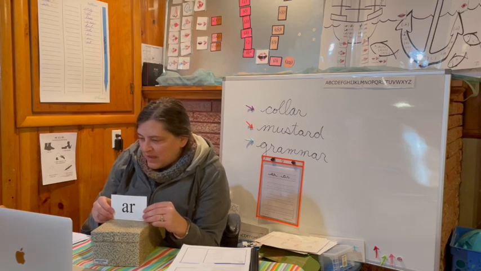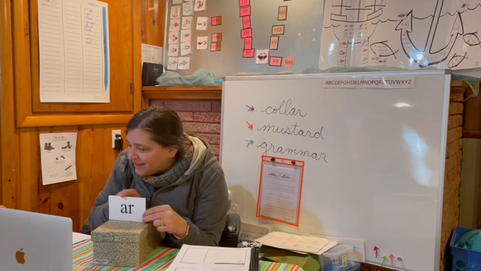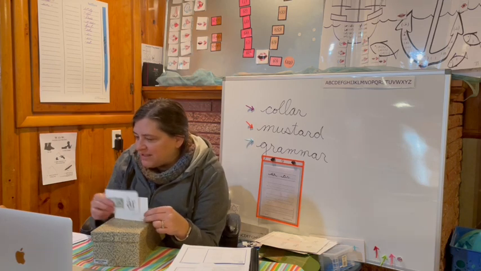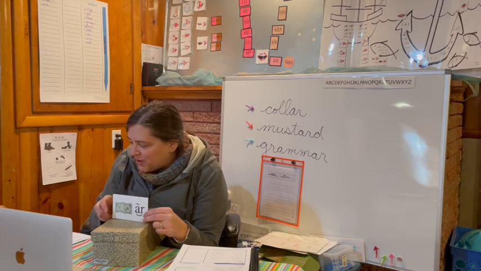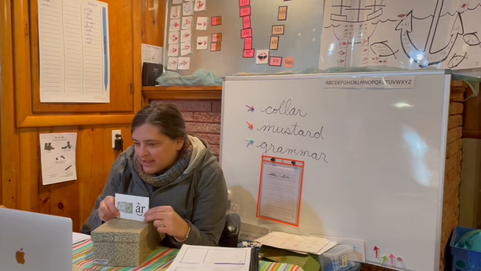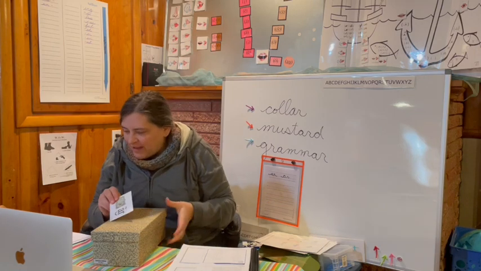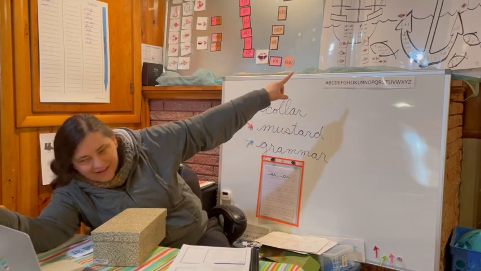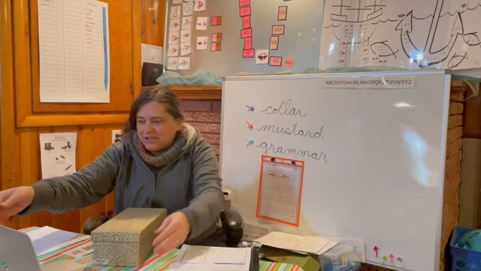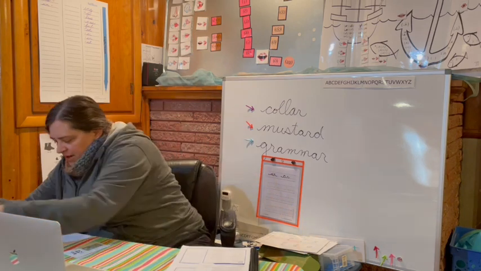So the name of the grapheme is, what do we call it? AR. Good. And the keyword and sound are? Dollar. Fabulous. And we call this sound the bossy R. Okay. And we've got that up on our sound ship, way up there where that fish is swimming. And we call it bossy R.